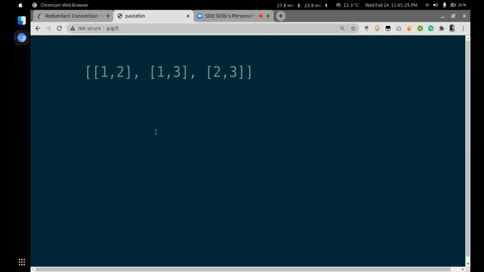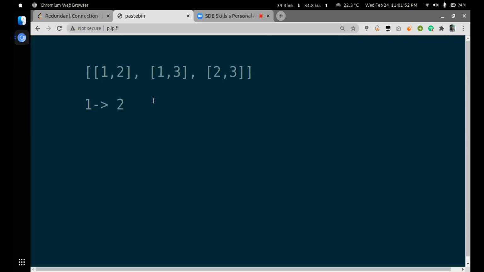What I was doing is starting my DFS from the first node, node 1. So I'll start my DFS from node 1, and then I will go to node 2, and whenever I go to node 2, I came to know that there is an edge between these two, between nodes 1 and 2.